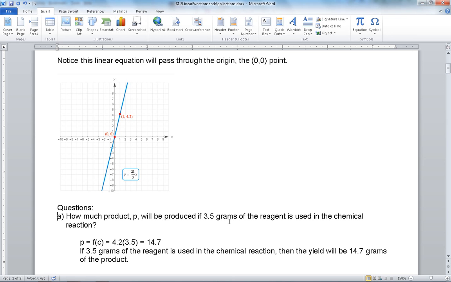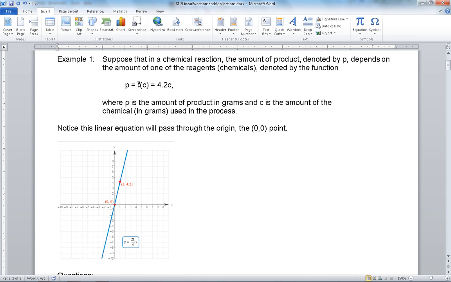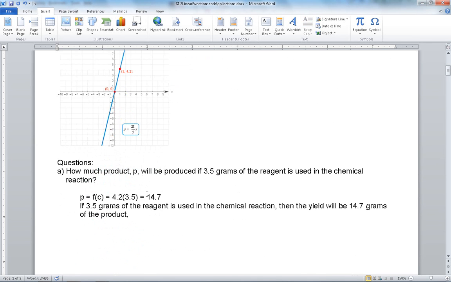So in this case, we go back to our equation, which was, remember, f of C is 4.2 times C. So we plug in the amount of chemical we put in, 3.5 grams, multiply that out, and you get 14.7. So if 3.5 grams of the reagent is used in the chemical reaction, then the yield, or the amount of product we have, would be about 14.7 grams in this case.